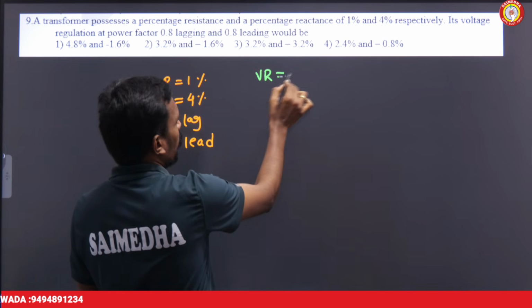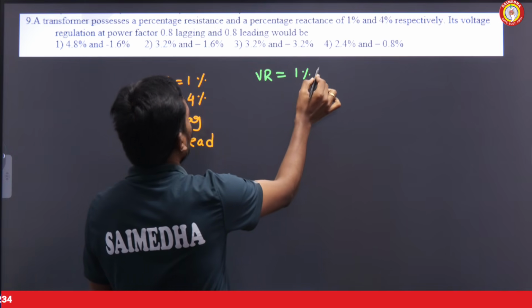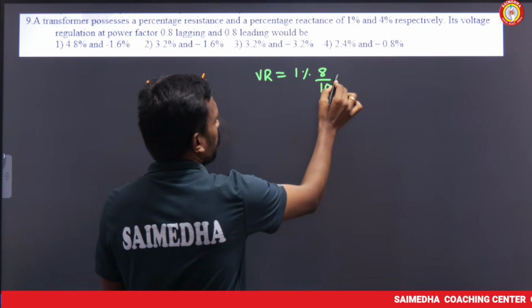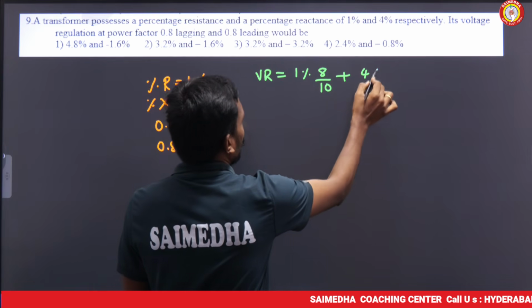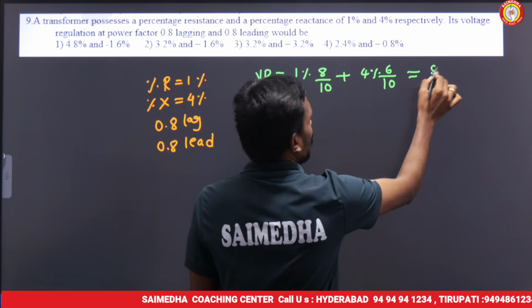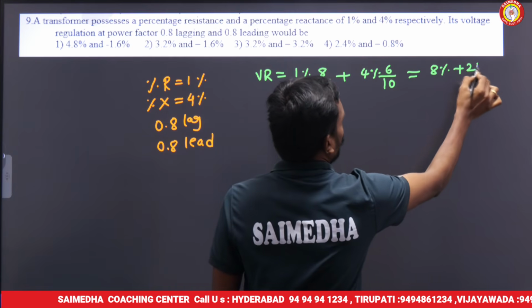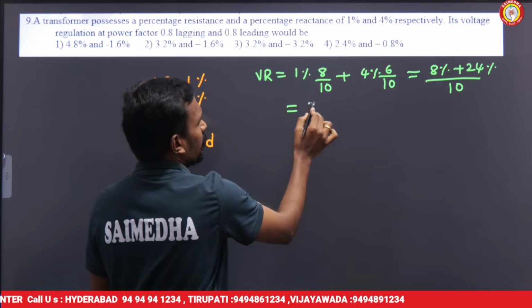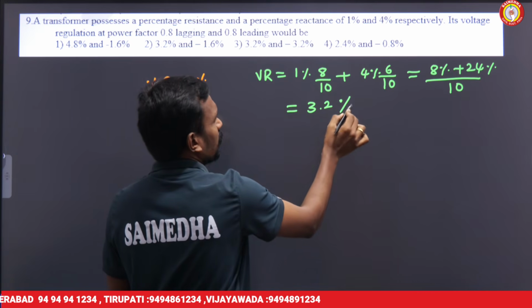Voltage regulation is equal to percentage R into cos phi plus percentage X into sin phi, which is equal to 0.8% plus 2.4%, which is 3.2%.